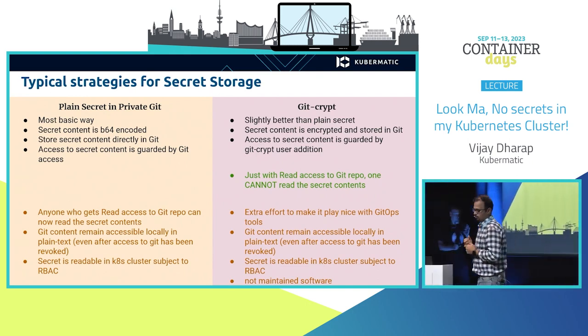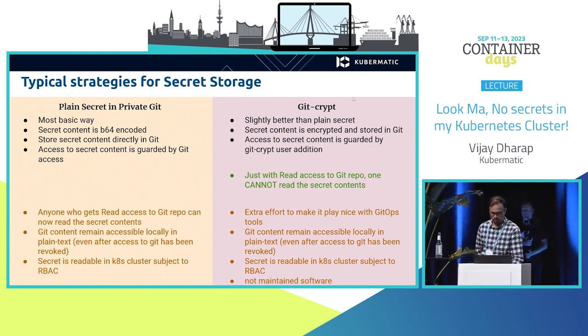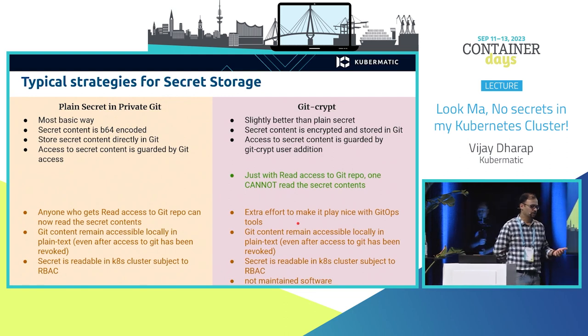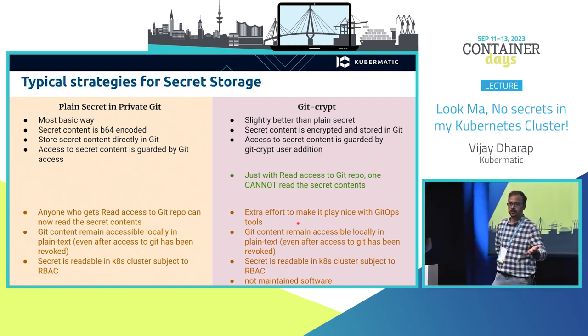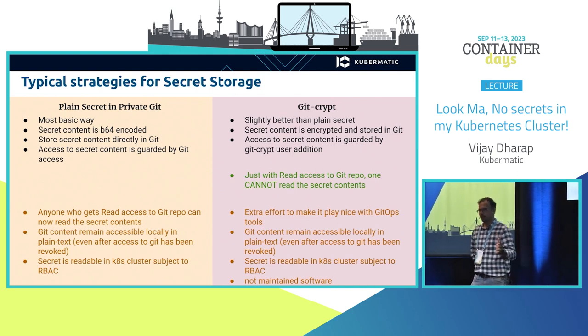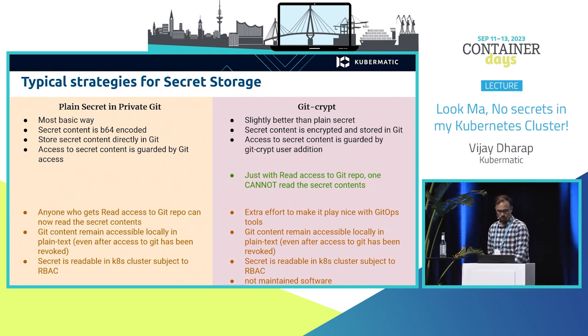So it is a little bit better, but then you have to make extra efforts to play nice with GitOps. And if the content is cloned and decrypted anytime on anybody's machine, then it is going to sit there in unencrypted fashion. So those problems are not resolved. Somewhat better, but not so much.